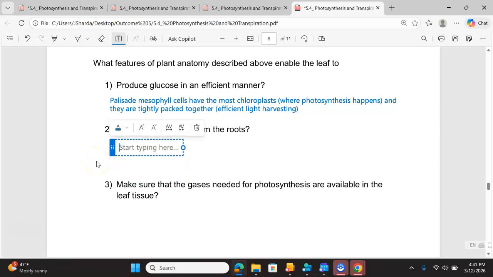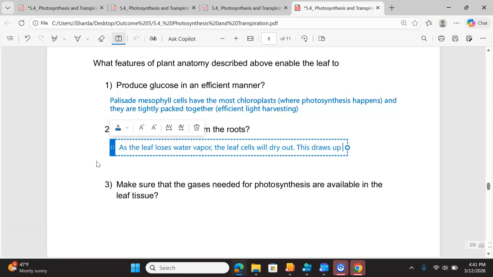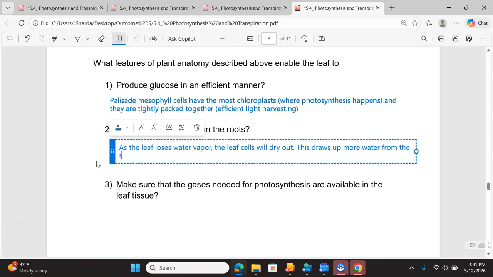As the leaf loses water vapor, the leaf cells will dry out. This draws up more water from the roots because water moves toward dry areas.